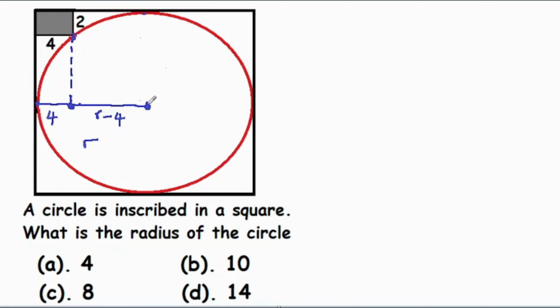So let's draw another line from the center of the circle to a point on the circumference to indicate our radius. So this is r. Okay, let's join these upper parts together. Alright, good. Now from this point to this point is 2 units we are given.